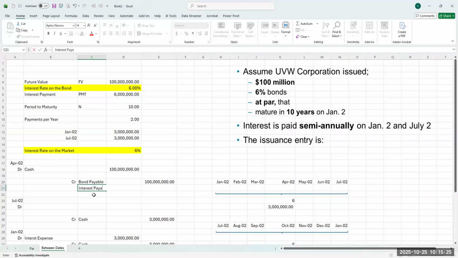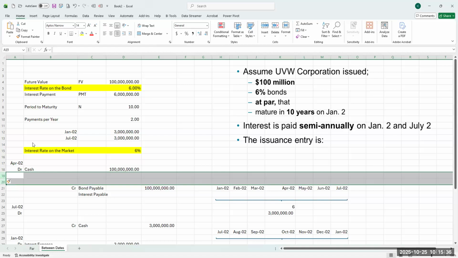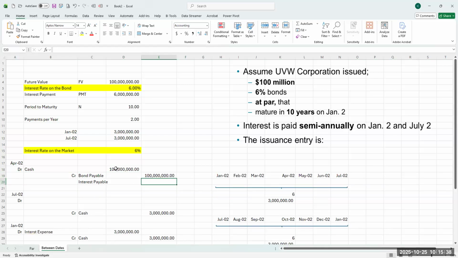I have to pay that interest. And I'm going to ask the person to pay me additional. I'm going to ask him to pay me those, which I'm going to give him on July 2nd. And I'm going to ask him to pay me 1,500, 1,500,000.